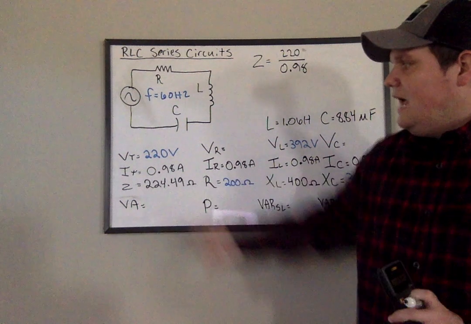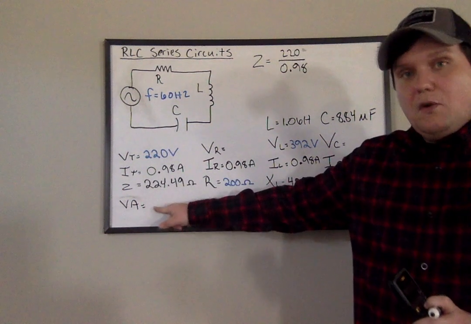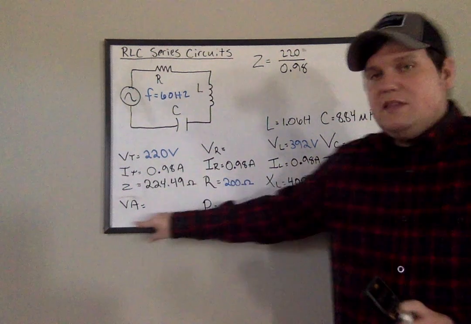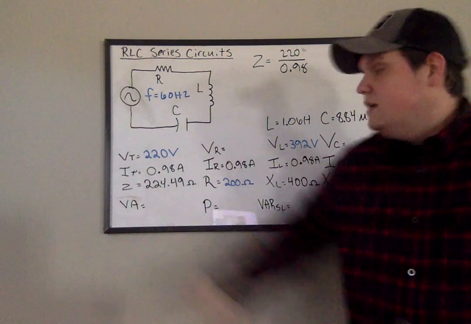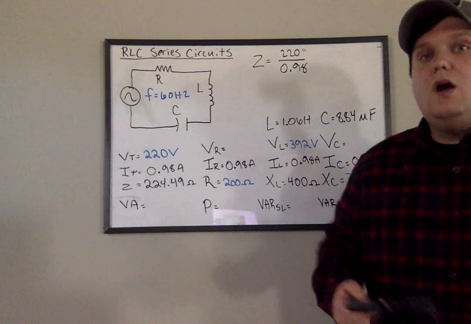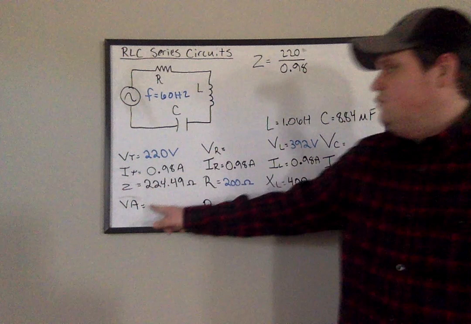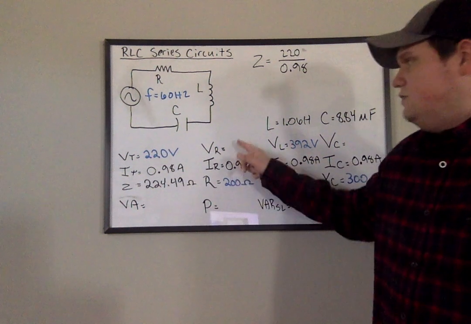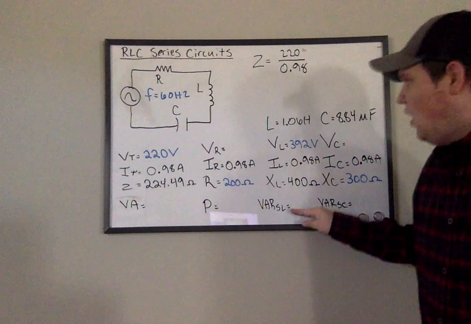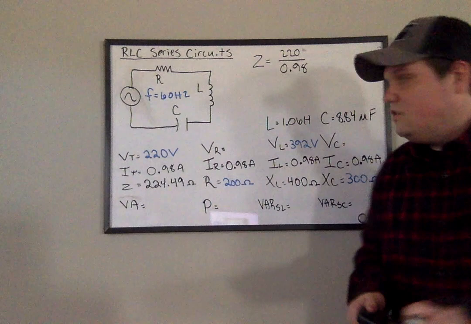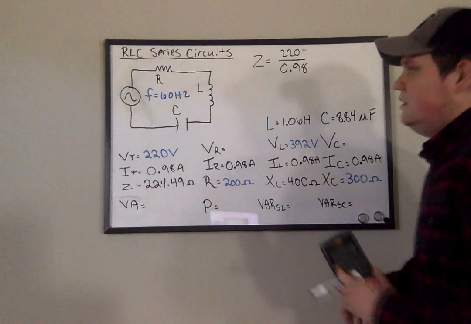All right, so now that I have impedance, remember VA and everything across here is part of that power triangle. So as far as Ohm's Law goes, they're all the same. VA is going to be volts times current. P is volts times current. VARs is volts times current. So all of these are treated the same way as far as Ohm's Law goes.